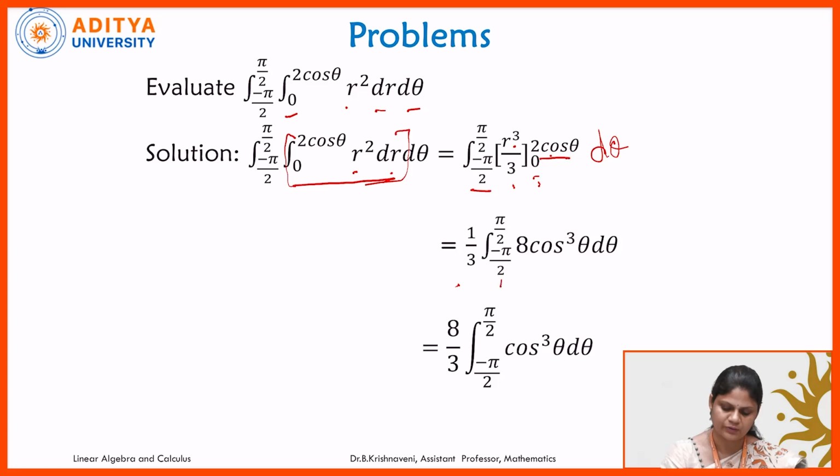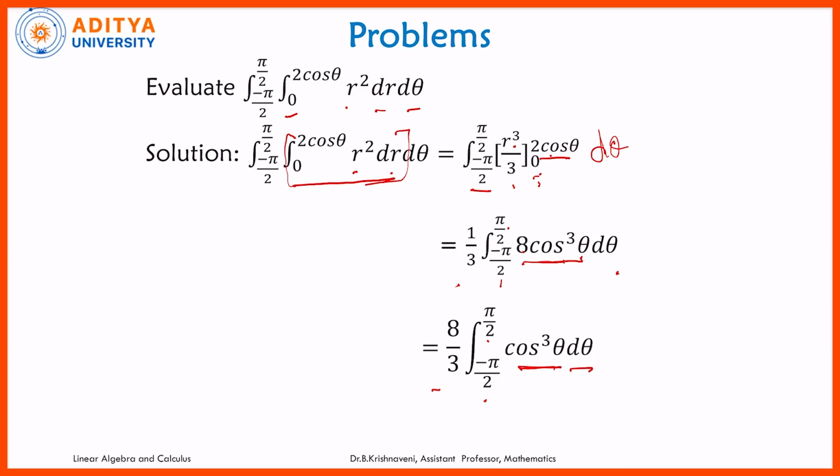Integral minus pi by 2 to pi by 2. Substituting 2 cos theta, r cube means 2 cos theta whole cube, which is 8 cos cube theta, minus r is equal to 0 means 0, d theta, which can be written as 8 by 3 into integral minus pi by 2 to pi by 2 cos cube theta d theta.